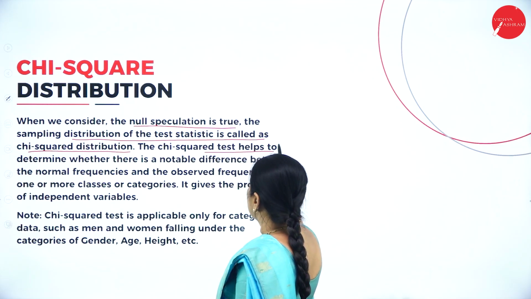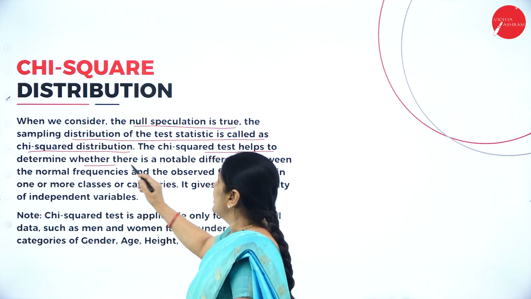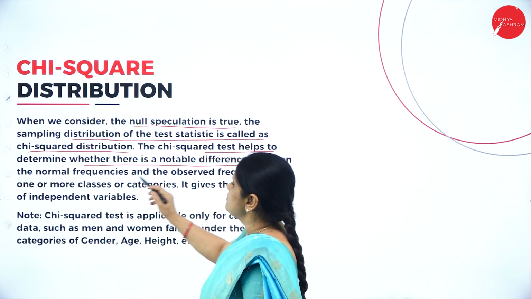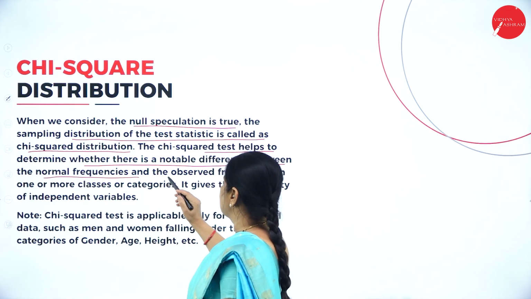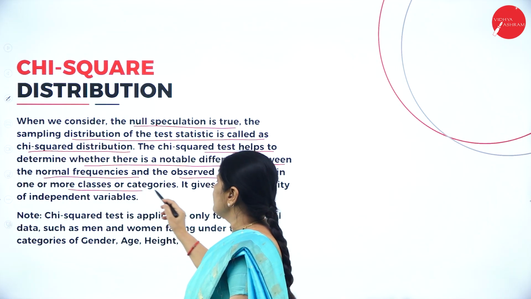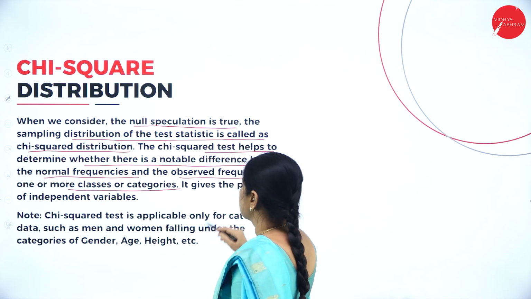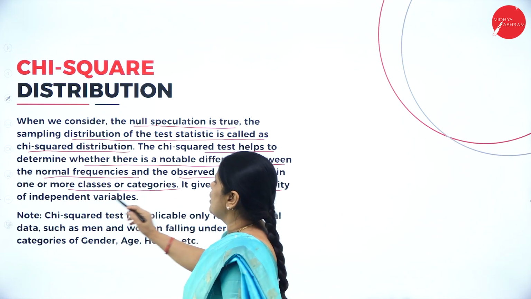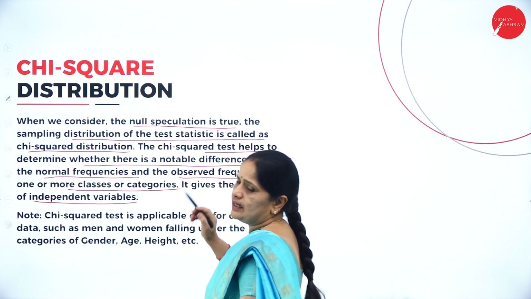The chi-square test helps to determine whether there is a notable difference between the normal frequencies and the observed frequencies in one or more classes or categories. It gives the probability of independent variables.